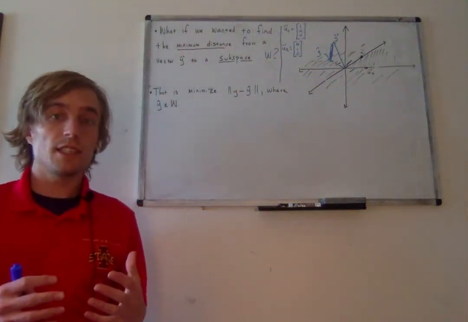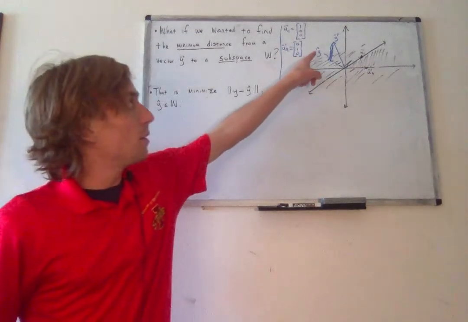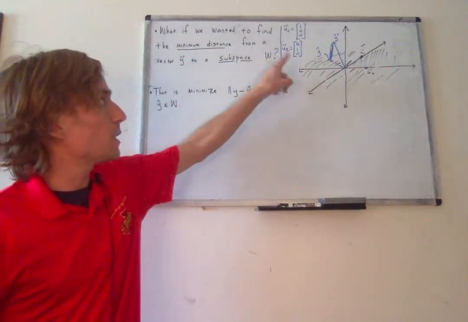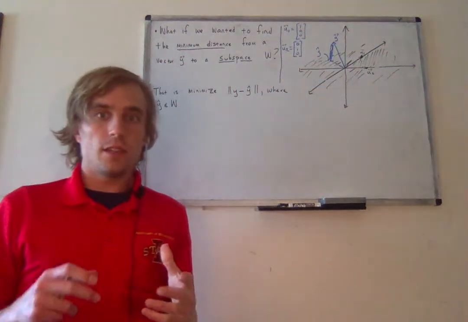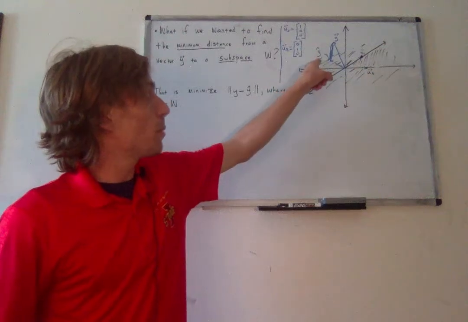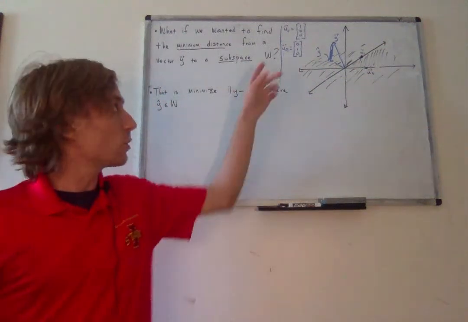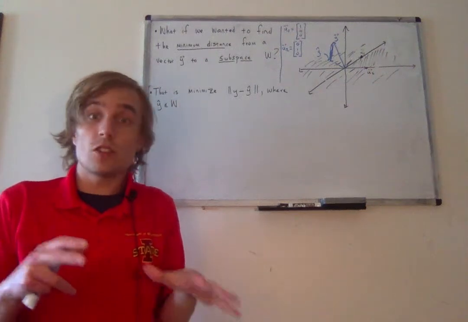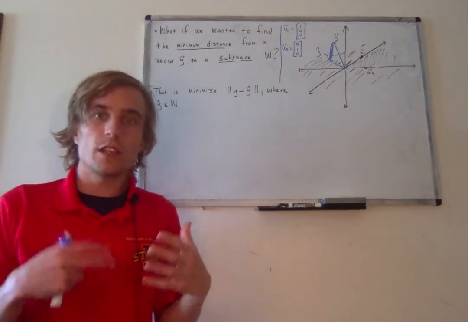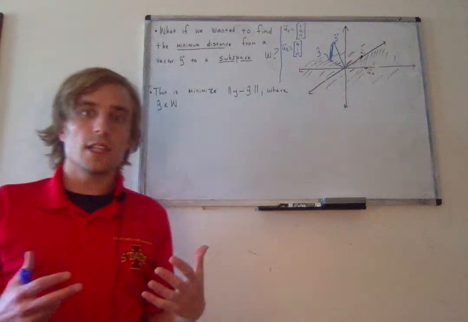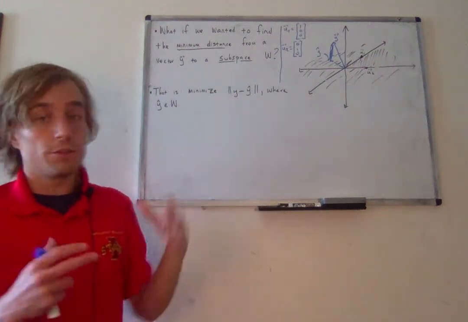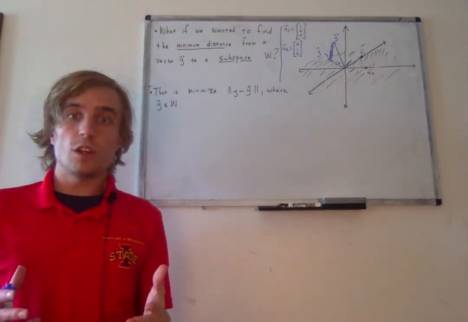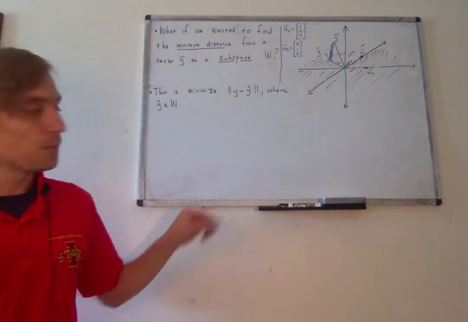So what we're eventually going to see is that this vector y hat is the closest vector in this subspace W to y, and the resulting vector y minus y hat should still be orthogonal to W. We're basically going to generalize the projection of one vector onto another to the projection of one vector onto an entire subspace.